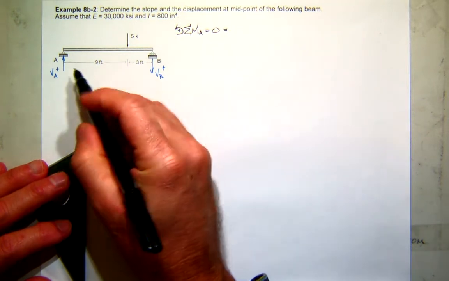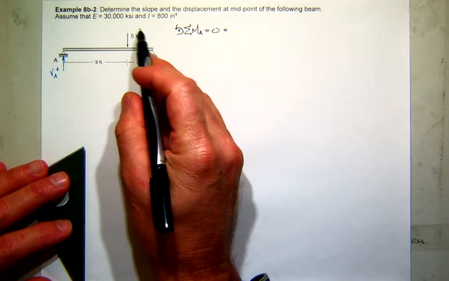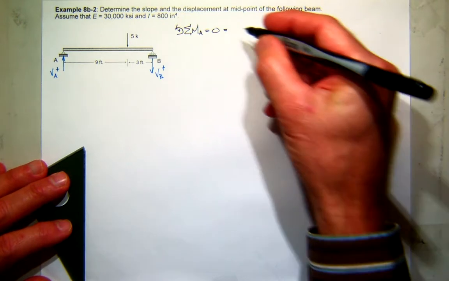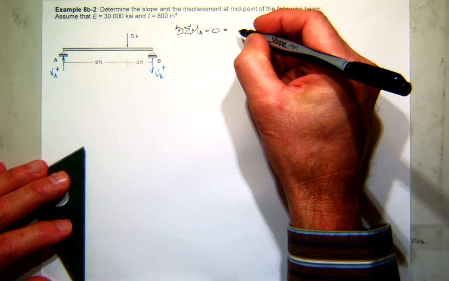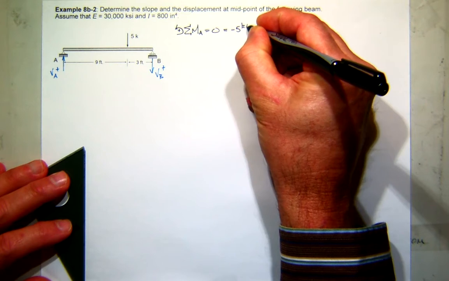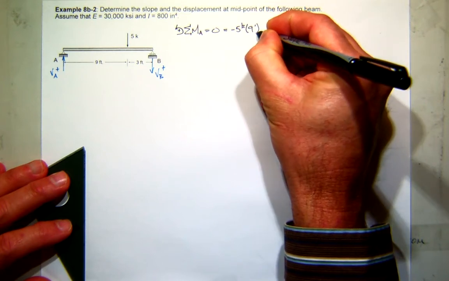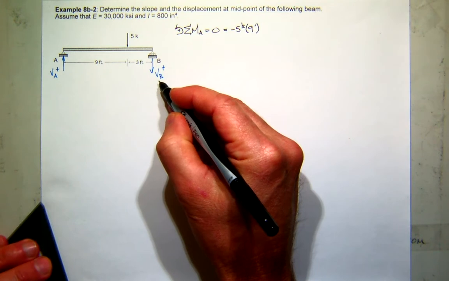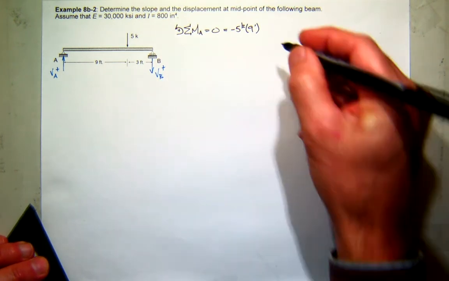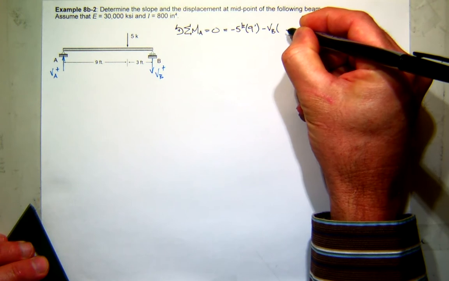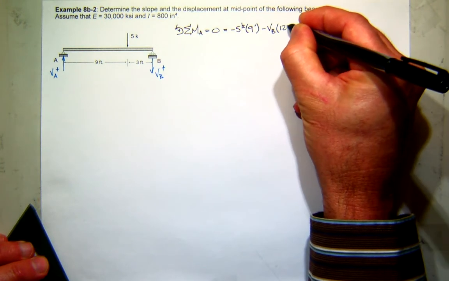So summing moments about A, my applied 5 kip force creates what kind of moment about A? Positive or negative? Negative. So that's 5 kips times 9 feet. And then the shear at B, that's positive shear at B, also creates negative moment, and it has a moment arm of 12.